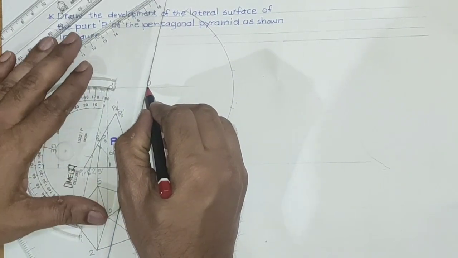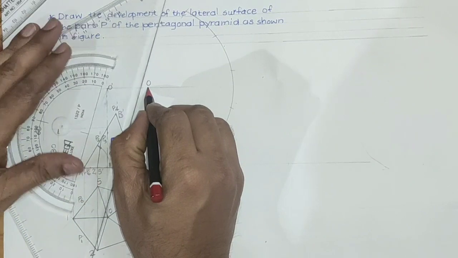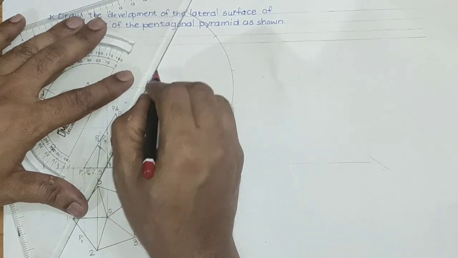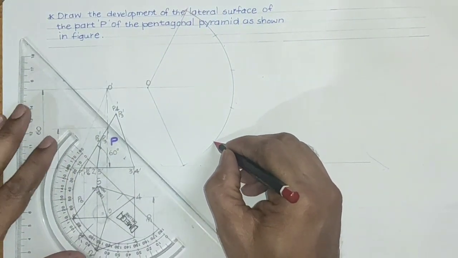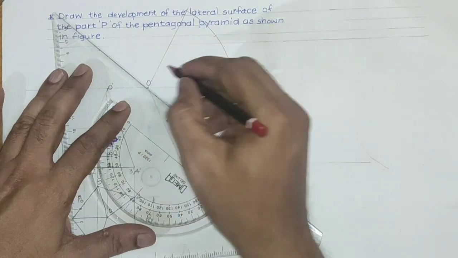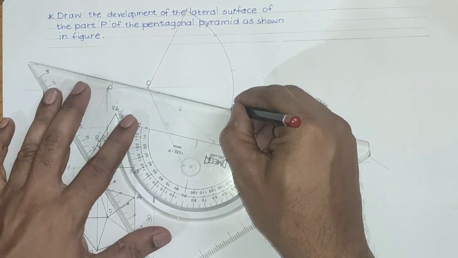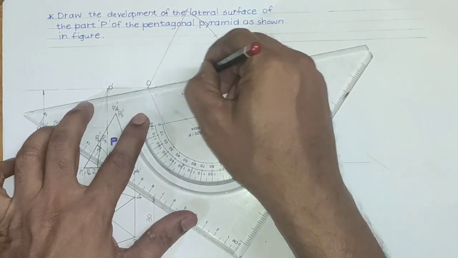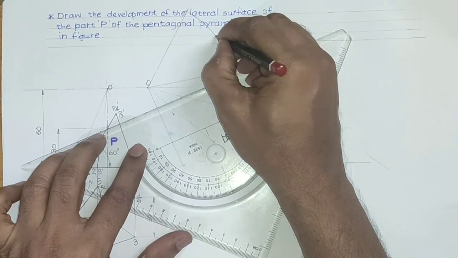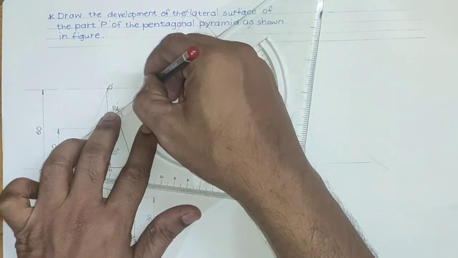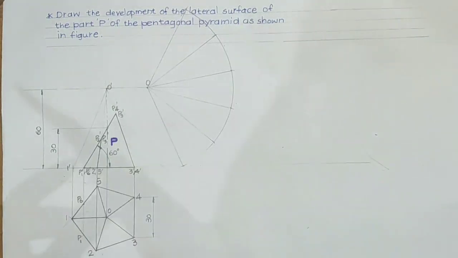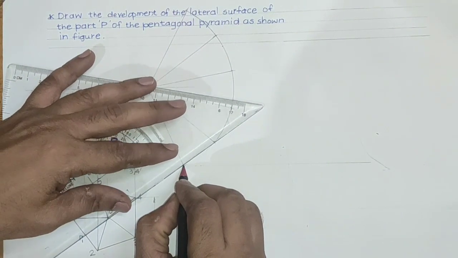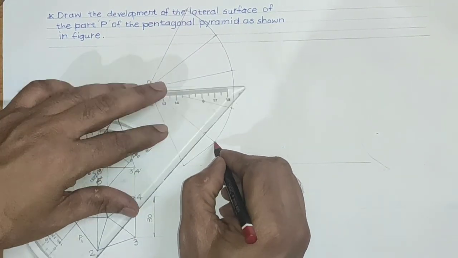Then join all these points with O. Then draw all the sides of bases on the developed surface.